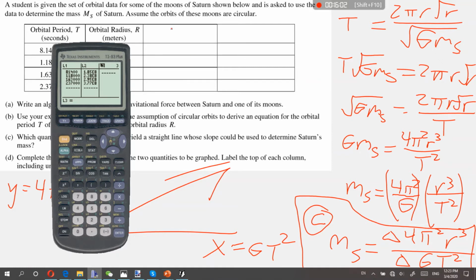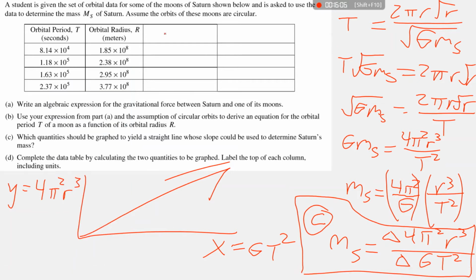What would my first column be? 4 pi squared r cubed. Okay, and the second column? G t squared. Do you have to write the unit? I guess I did write the units down here in parentheses. So let me go back and do that really quick.